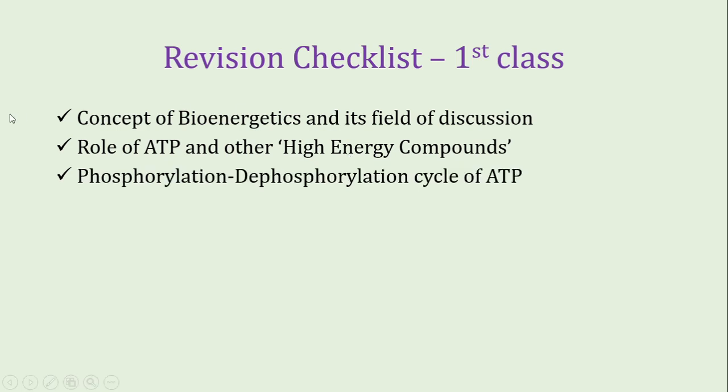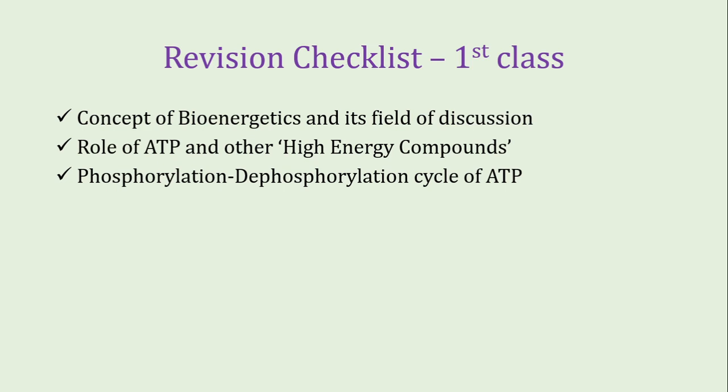We have understood the phosphorylation and dephosphorylation cycle that occurs in the chemical ATP. The same chemical that absorbs a phosphate to produce ATP by phosphorylation undergoes dephosphorylation, and this same chemical again goes through phosphorylation.